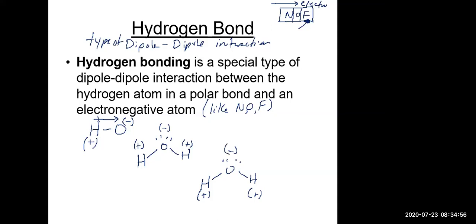And again, it's that opposites attract, the hydrogen here coming to the oxygen here, and that is hydrogen bonding. This is a really strong interaction, and that's why water, for example, has a higher boiling point.